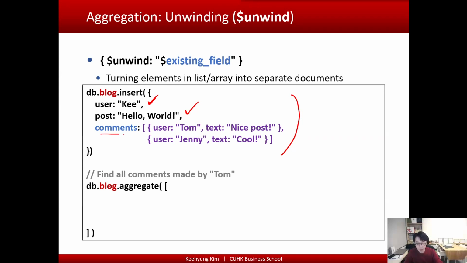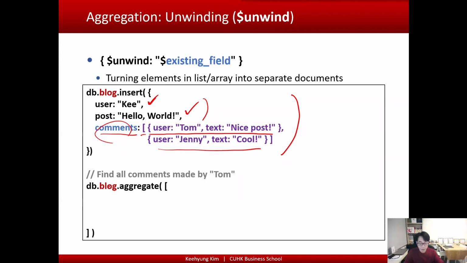Then the comment field will be a list of documents, and each document will contain a user field and the text field like this. So there are 2 comments for this post. And let's say that we are not really interested in the blog content. We are interested in comments.